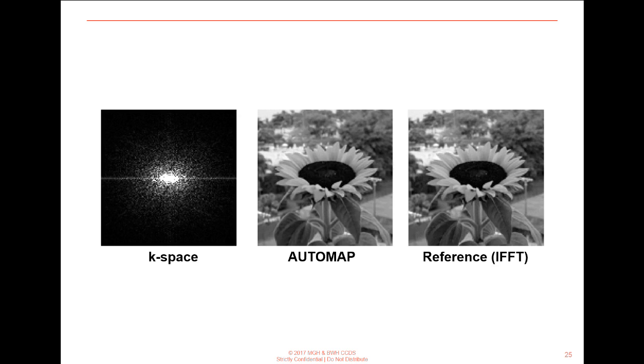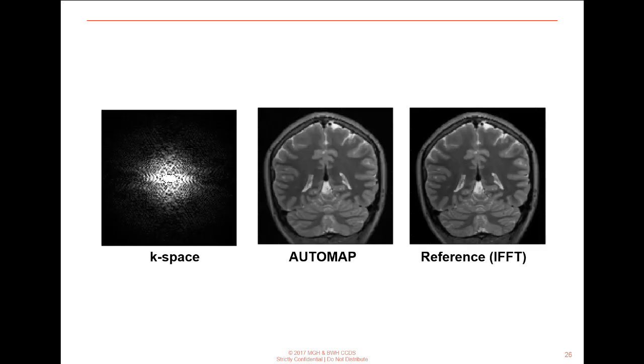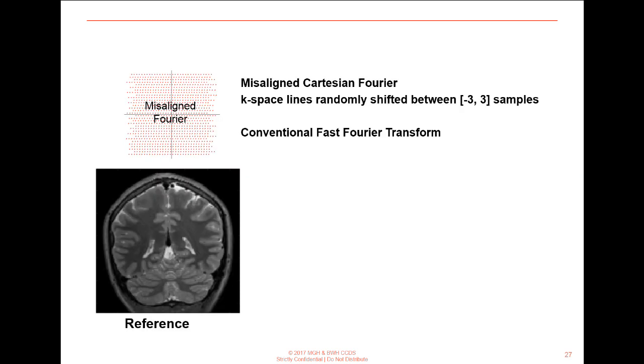You see that AutoMap, which is the technique being deployed here, gives you exactly the same image. Here it is, same thing with a coronal head. And here's an example of why this might be useful. This is a misaligned Cartesian Fourier sparsely sampled space.